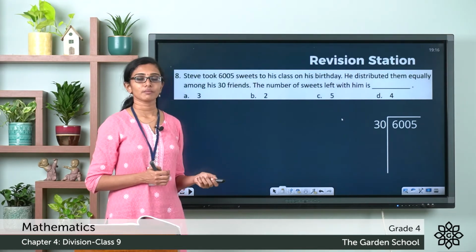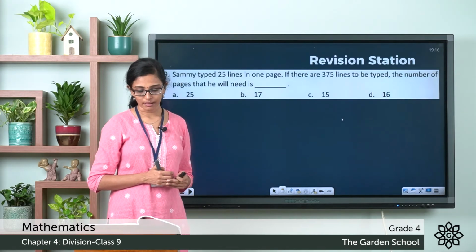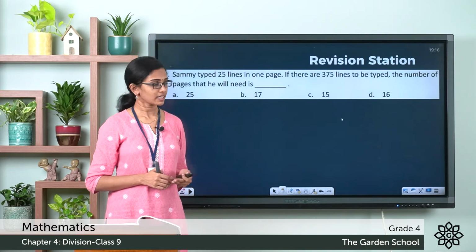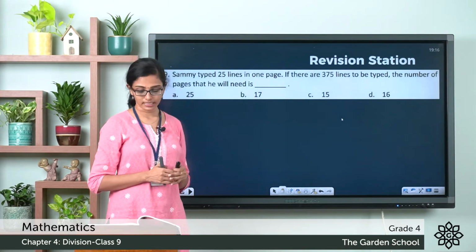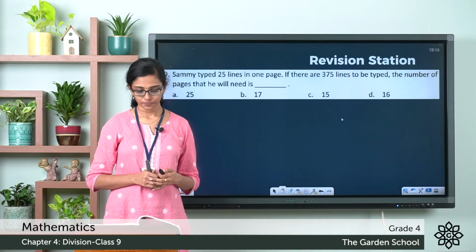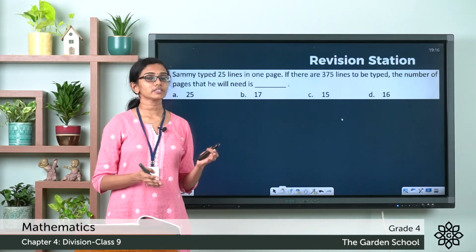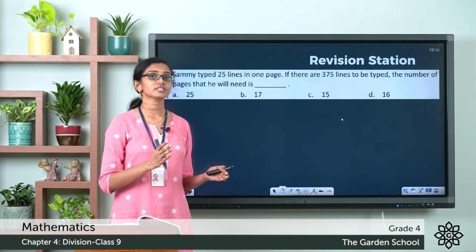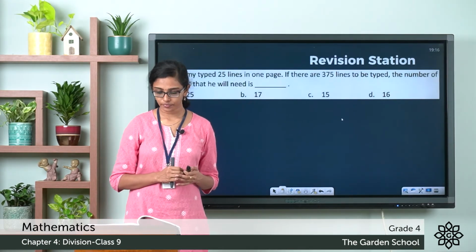Let's discuss question number 9 now. It says, Sammy typed 25 lines in one page. If there are 375 lines to be typed, the number of pages that he will need is. So, in one page, Sammy typed 25 lines and there are a total of 375 lines to be typed.